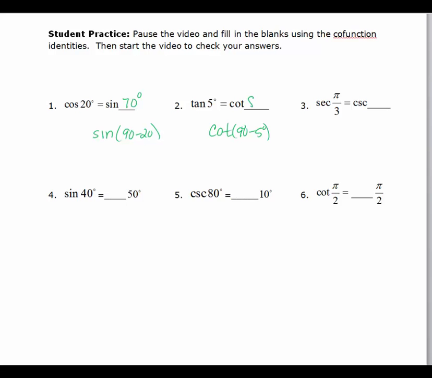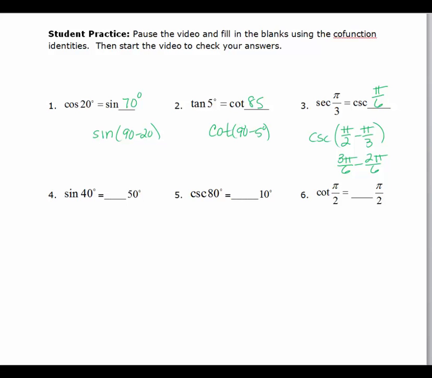So that would be the cotan of 85. The secant of pi over 3 will equal the cosecant of pi over 2 minus pi over 3. So we'd have to get a common denominator of 6, so that would be 3 pi over 6 minus 2 pi over 6, which is pi over 6.